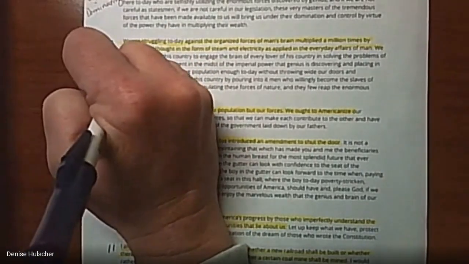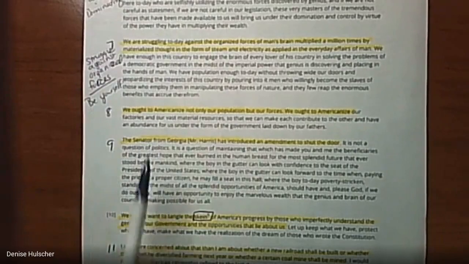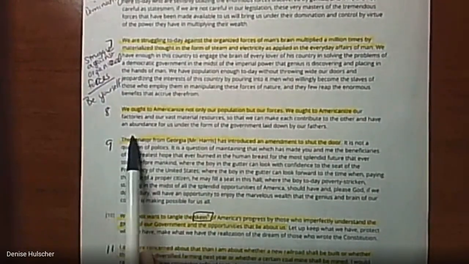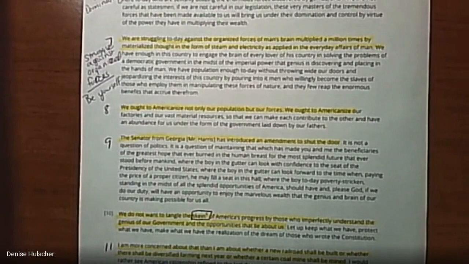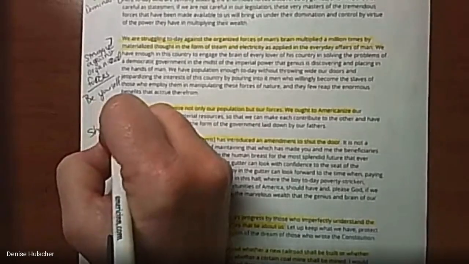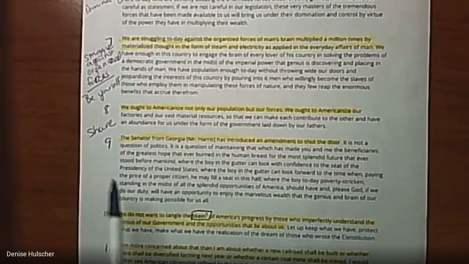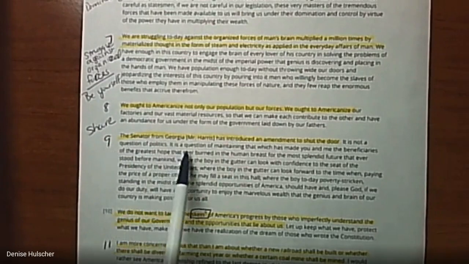Number 8. We ought to Americanize not only our population, but our forces. We ought to Americanize our factories, our vast material resources, so that we can each contribute to the other and have an abundance for us under the form of the government laid down by our fathers. 9. The senator from Georgia, Mr. Harris, has introduced an amendment to shut the door. It is not a question of politics.